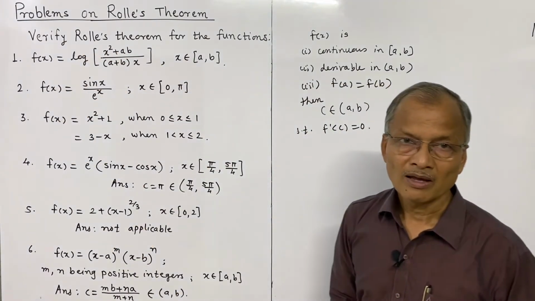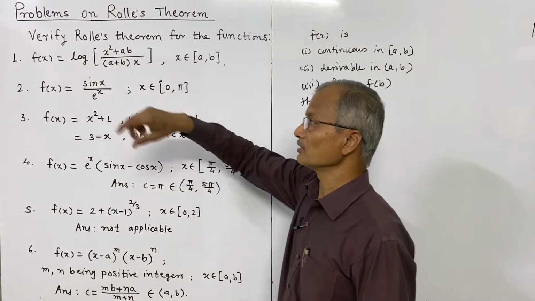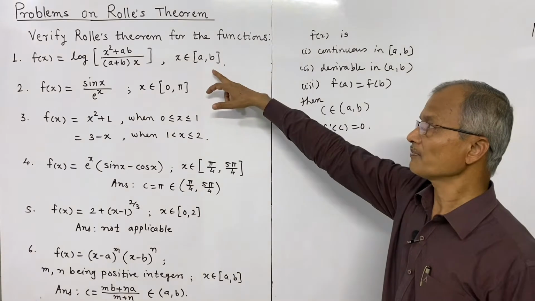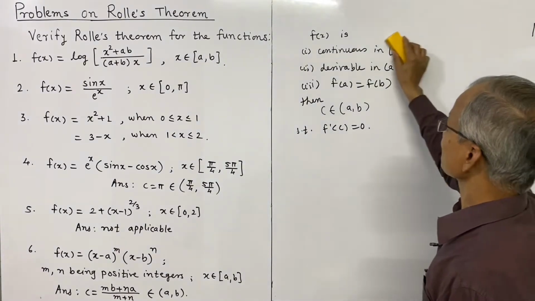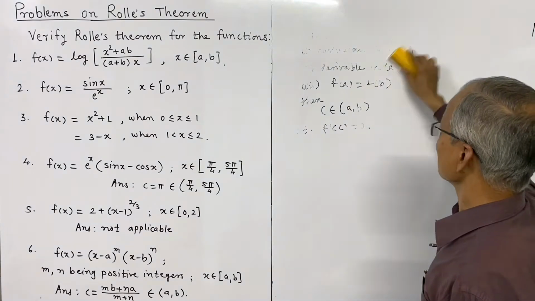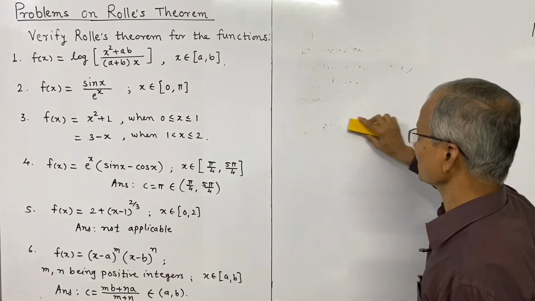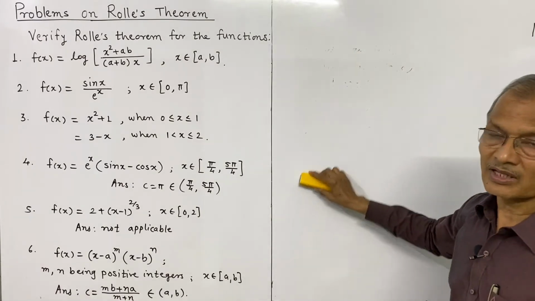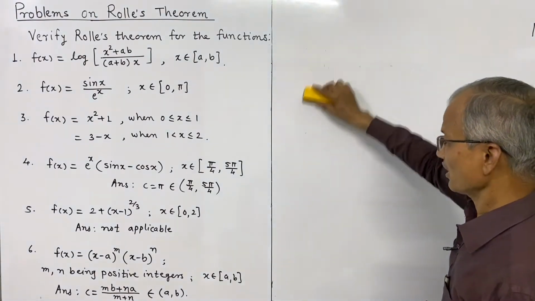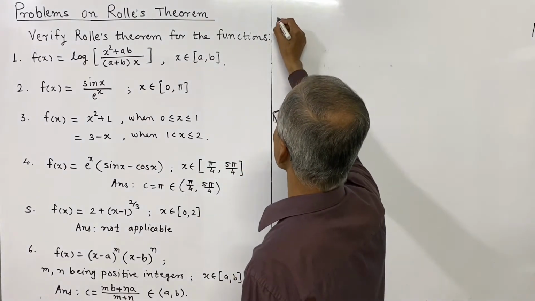So this function is continuous in the given interval a b, that we shall first mention, and we can find the derivative of that function. Then it is derivable. So it is also derivable, and we shall check the third condition, whether f of a is equal to f of b. So we shall start the solution for first problem.